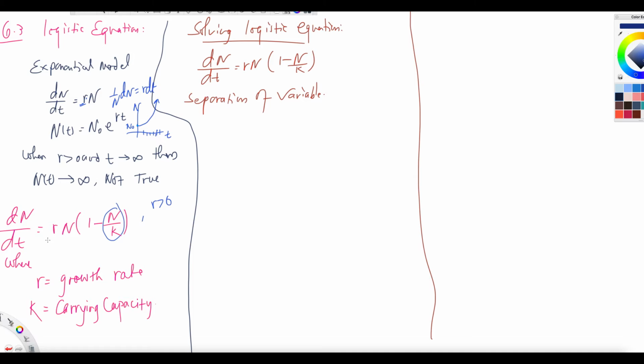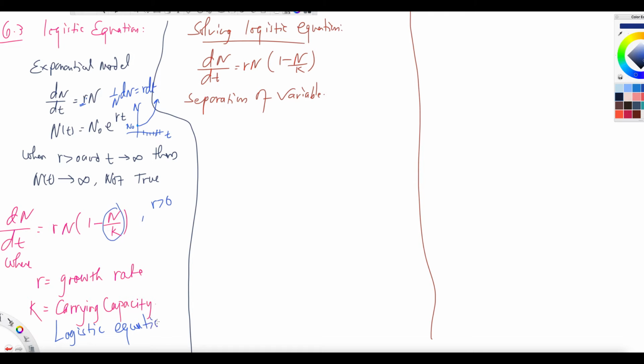If you start with exactly the number of people that the available resources can support, then the population stays the same. But if you start with a smaller population, but the resources are enough for a bigger population, then dN over dt will be positive, so the population increases, right? So this equation is called the logistic equation.